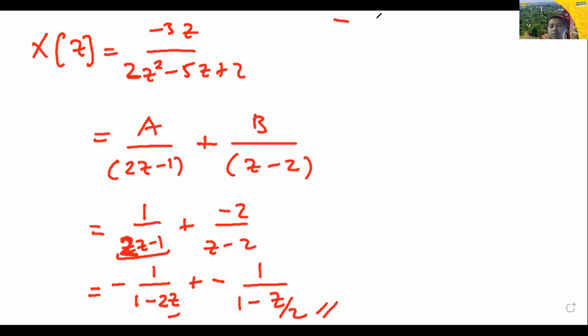It's equal to, if we multiply and divide by z. Wait a moment.